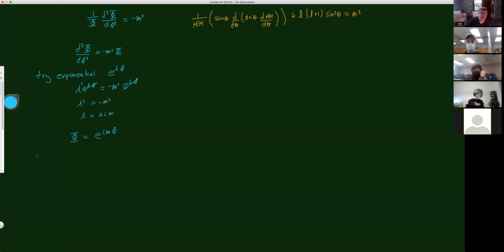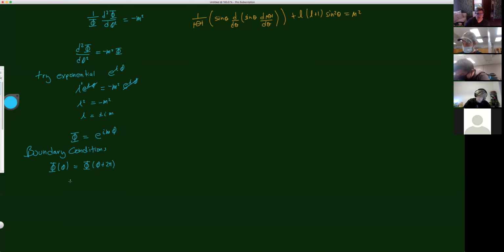Okay. All right, so our boundary condition is that Φ of phi should be the same if I add 2 pi to it. But that's only true if m is an integer. M has to be an integer for that to work.